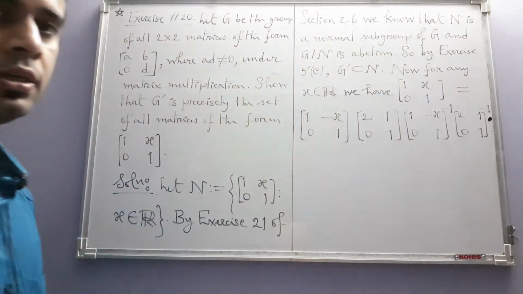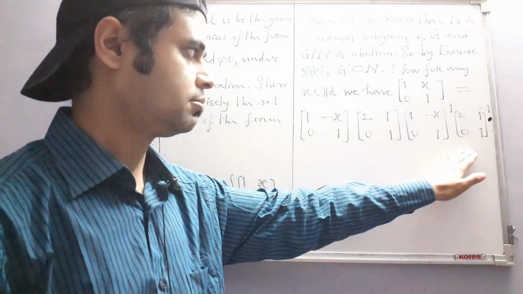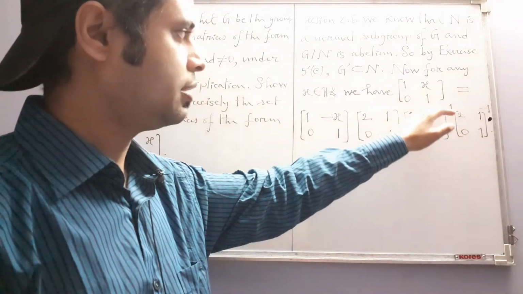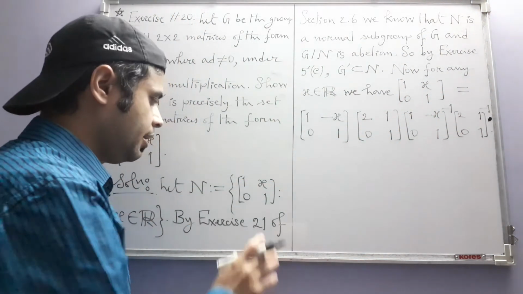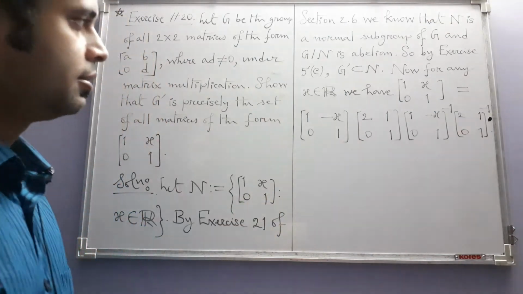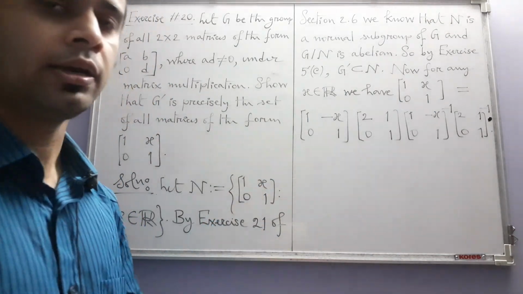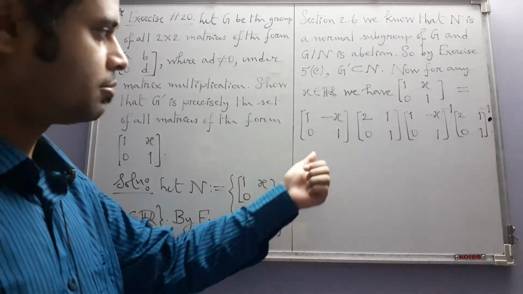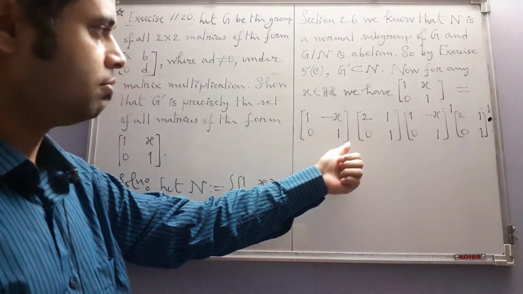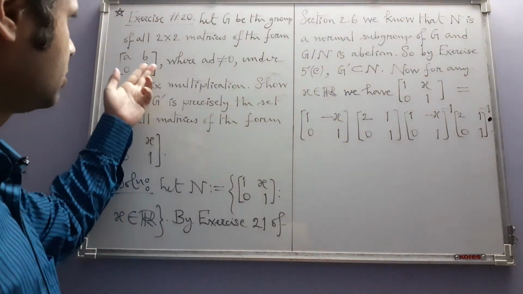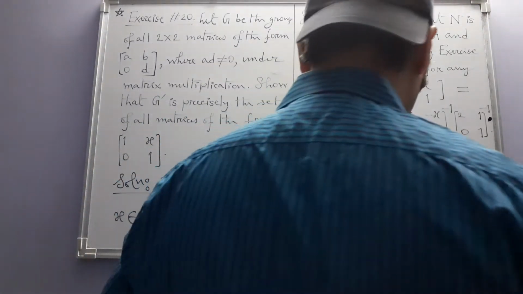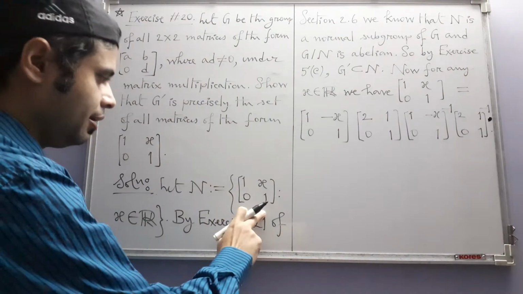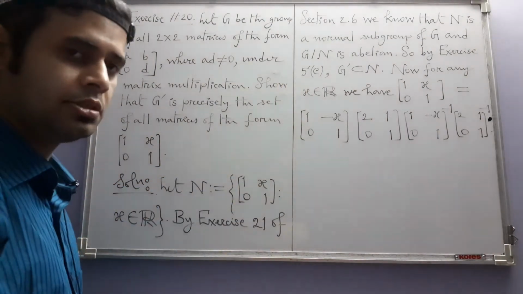You can easily carry out the computation and you will see that you have this matrix. So that means any element in N is actually a commutator formed by two elements which clearly are from G. So this just shows that all the elements in N are also in G prime.